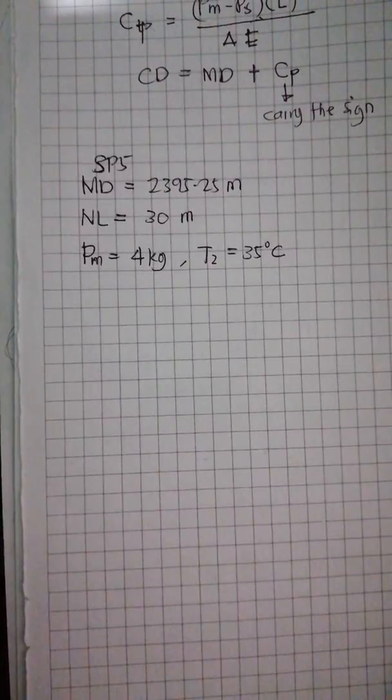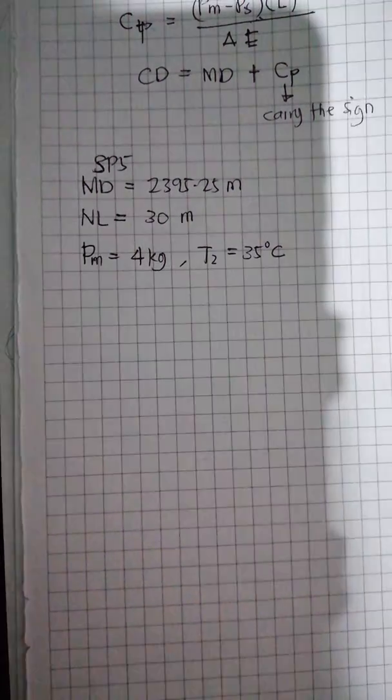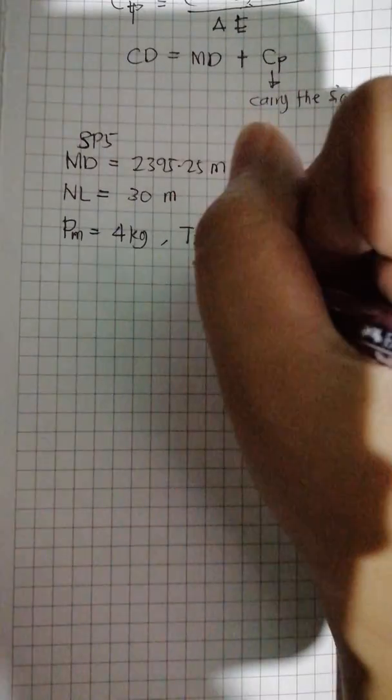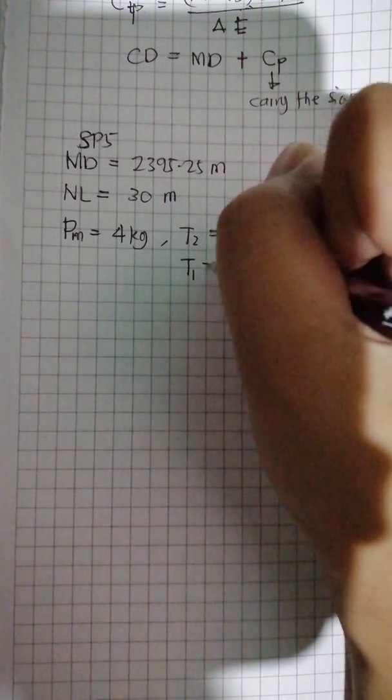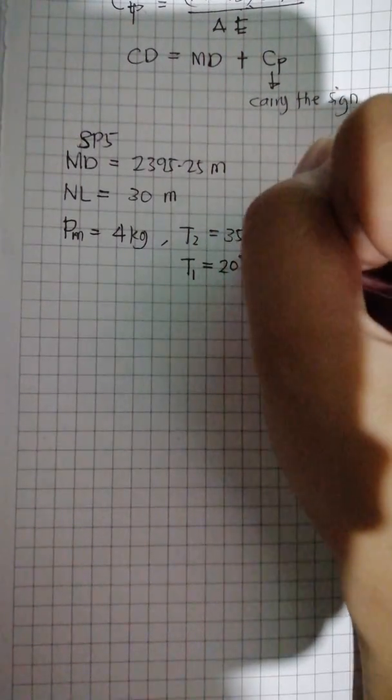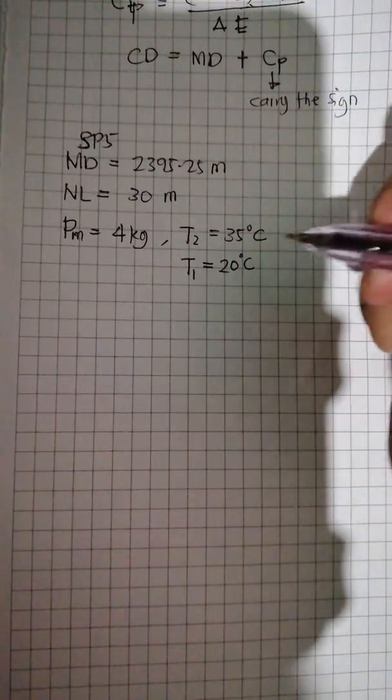So, kaya T2. Tape used is of standard length at 20 degrees Celsius, so standard temperature for the tape is 20 degrees Celsius and under a pull of 5 kilograms.